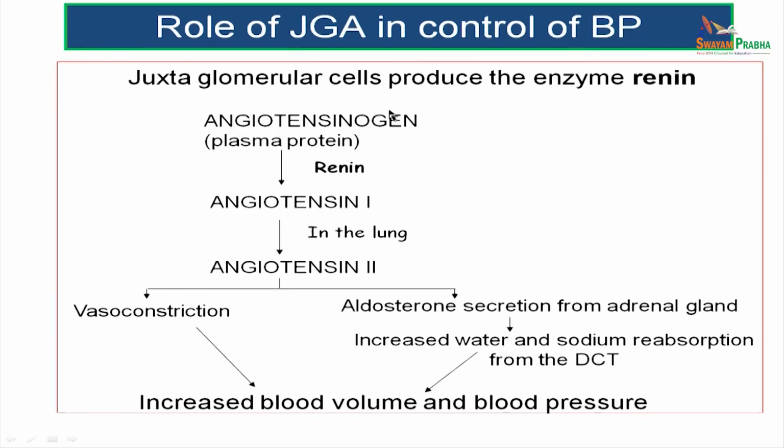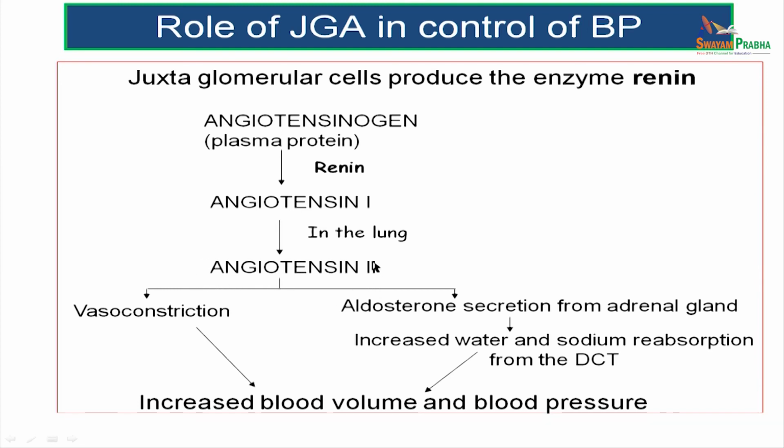So, this enzyme renin is going to enter the circulation, and what it does is this enzyme renin converts angiotensinogen, which is nothing but a plasma protein, into angiotensin 1. This angiotensin 1 is converted in the lung by angiotensin converting enzyme into angiotensin 2.